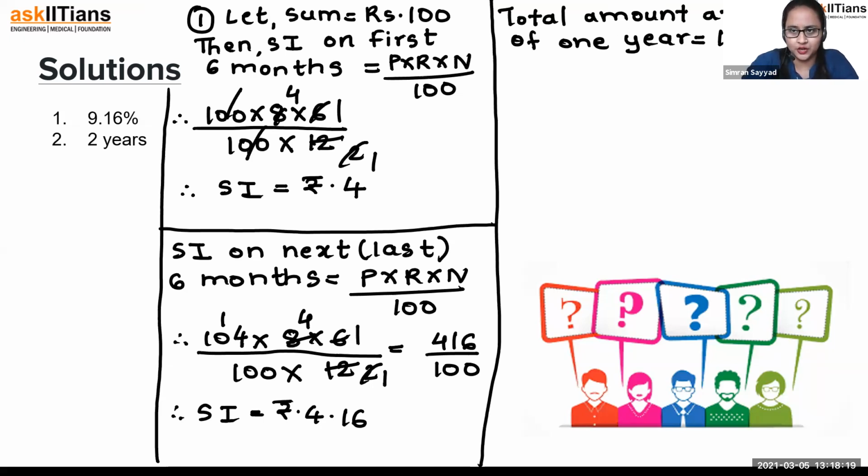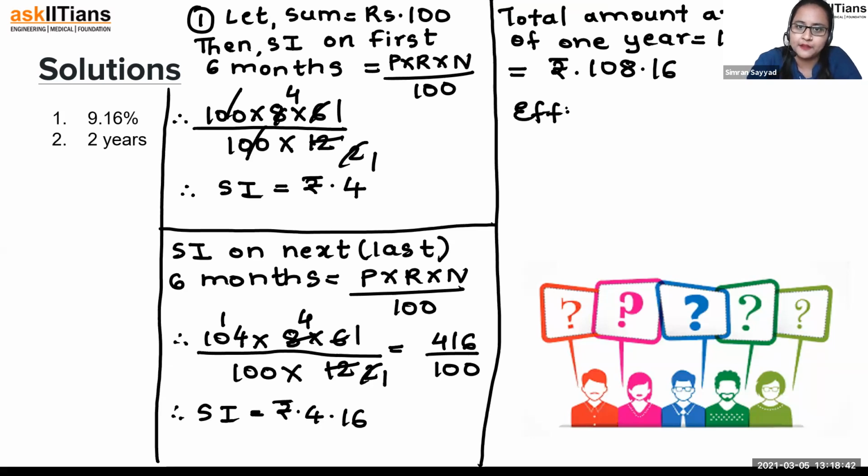First the sum was 100, then he paid 4 rupees interest, and then again 4.16. So it will be rupees 108.16.